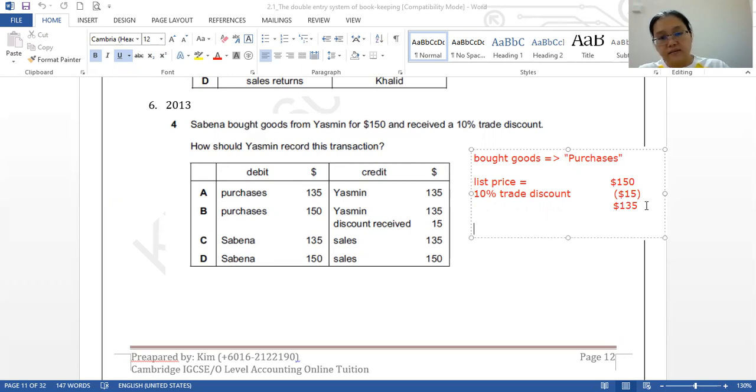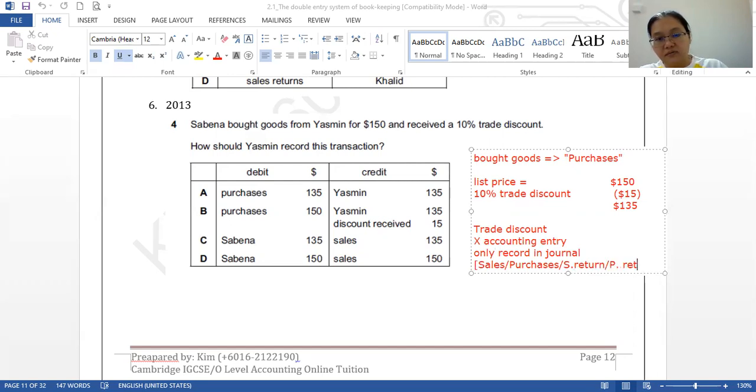Take note that for trade discount, there is no accounting entry, and it is only recorded in the journal. So your journal can be sales, purchases, sales return or purchases returns.